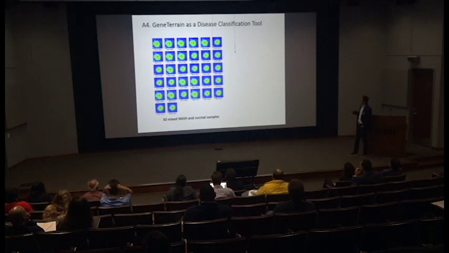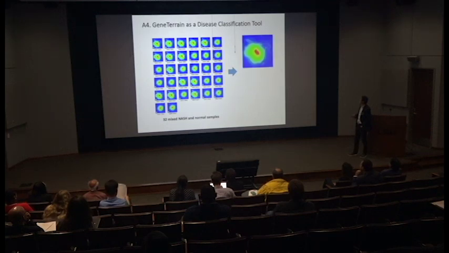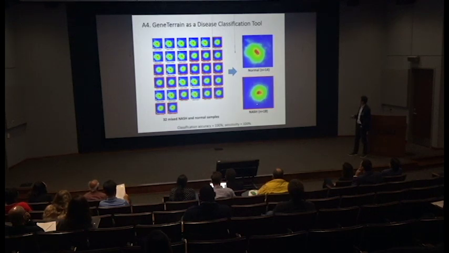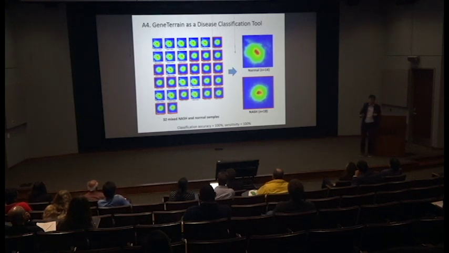And there are only two types that we use here. One is NASH, and the other is normal. As it turned out, you can see the pattern. Most of the normal follow this pattern, and most of the NASH follow a different pattern. So if I'm posing this, can deep learning learn from 32 samples and achieve 100% sensitivity and specificity?